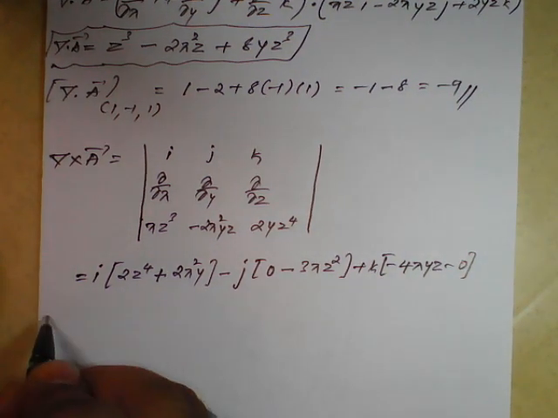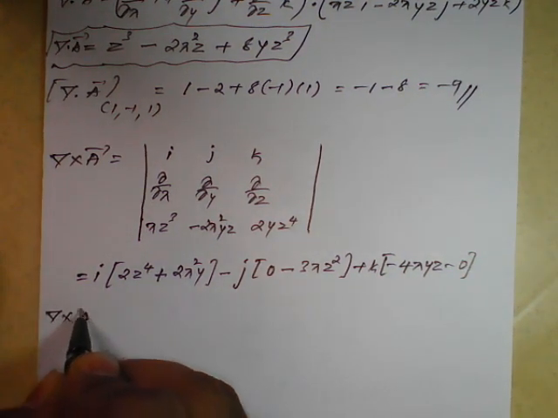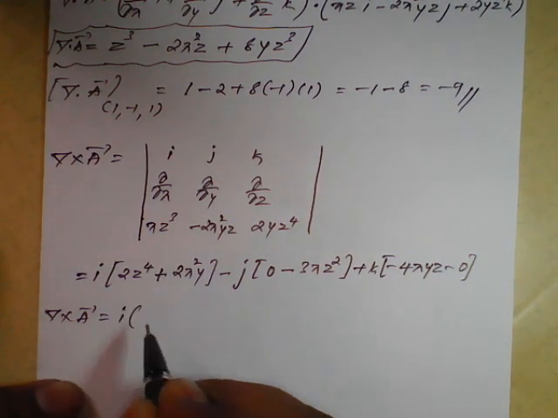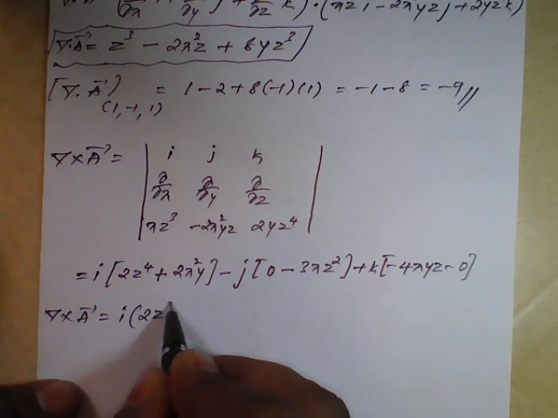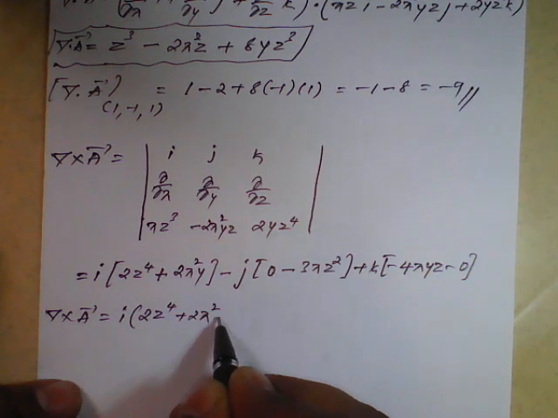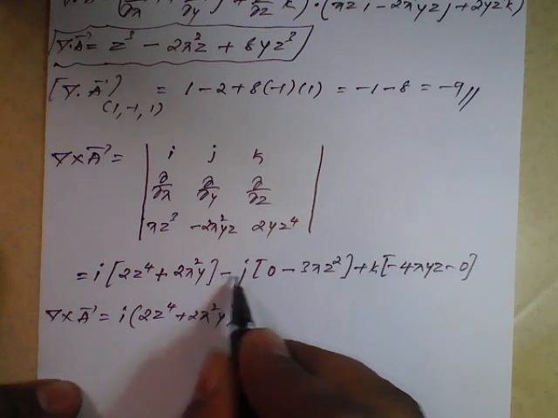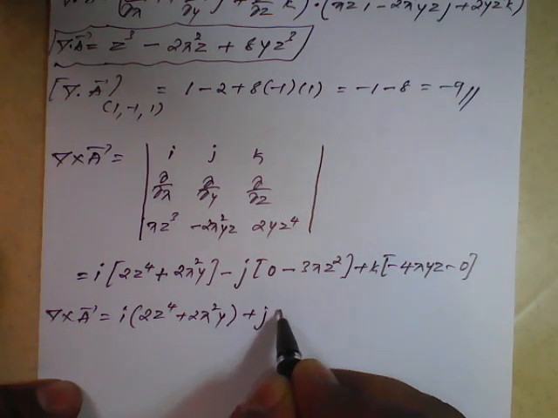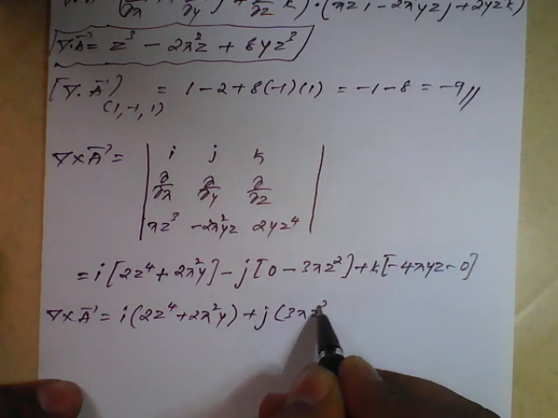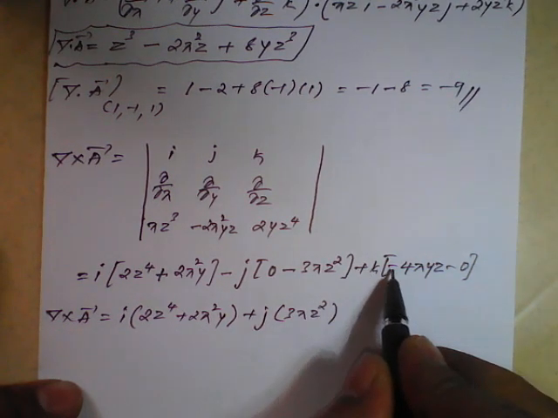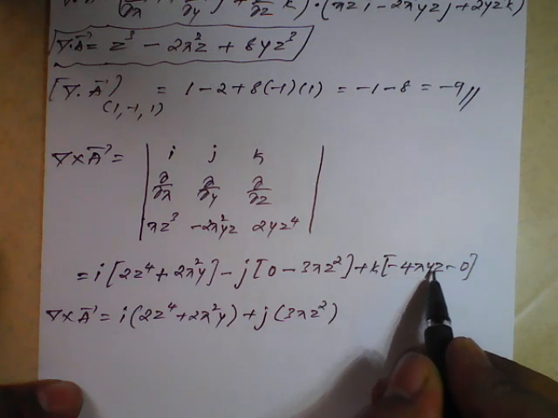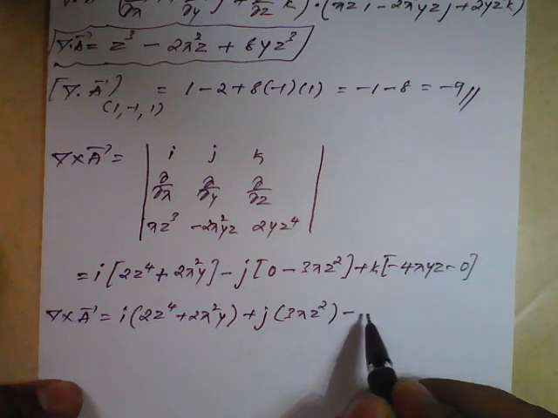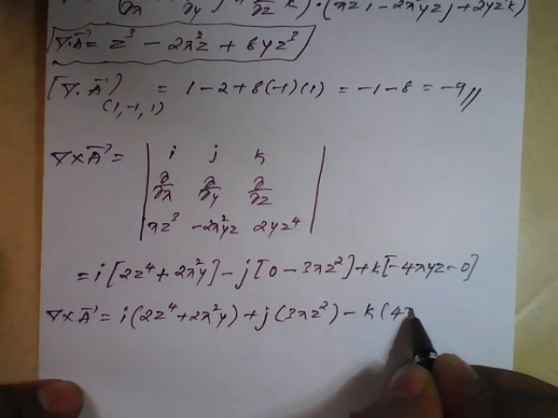So simplify, del cross vector A is equal to, here the simplification I will keep as it is, i times 2z raised to 4 plus 2x square y, minus minus plus, because 0 minus is again minus, minus minus plus j times 3xz square. Okay, so again plus into this is again a minus term, 4xyz will be left here. So on simplification, plus into minus is minus k times 4xyz.